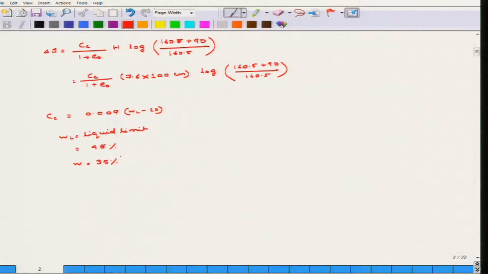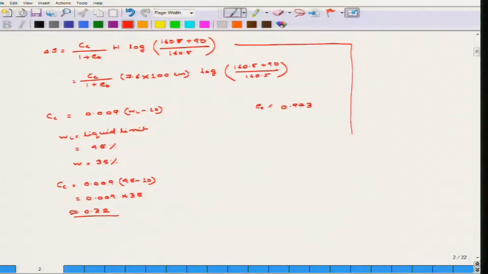This 35% was utilized in finding the initial void ratio. So now Cc will be 0.009 into (45 minus 10), which is 0.009 into 35, almost 0.32. e naught we previously found in the lecture to be 0.973.